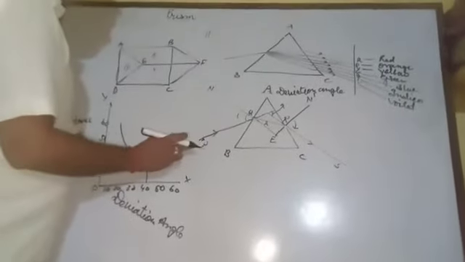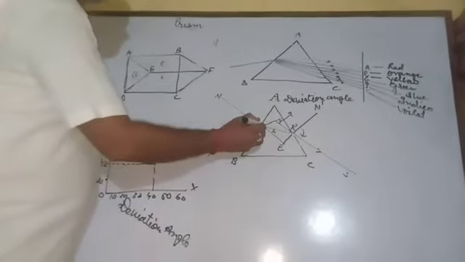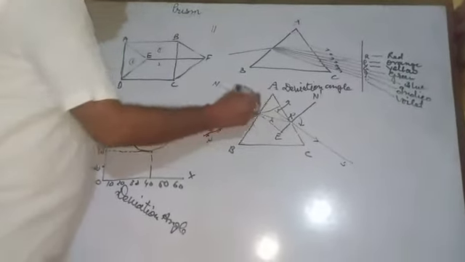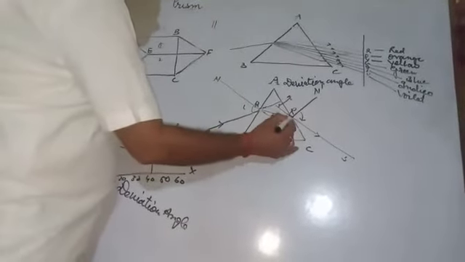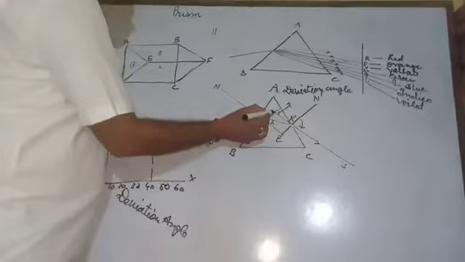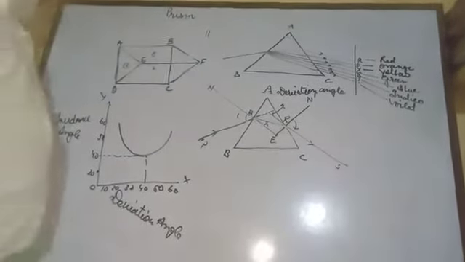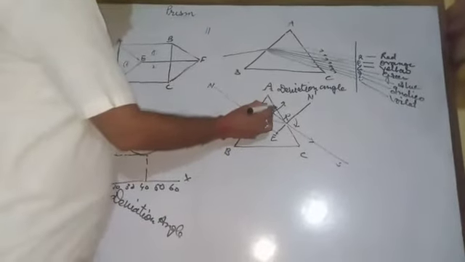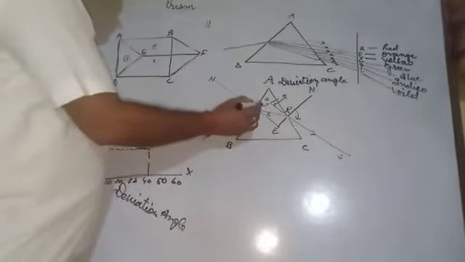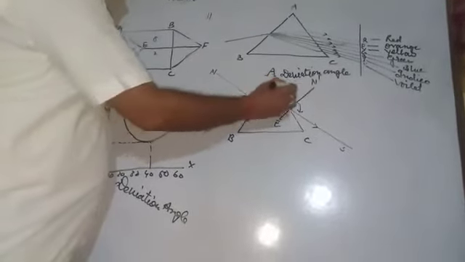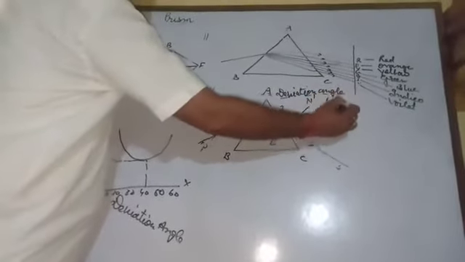If we produce incident ray PQ forward and emerging ray RS backward, they meet together at a point D and form an angle between them which is called deviation angle. It is denoted as delta.